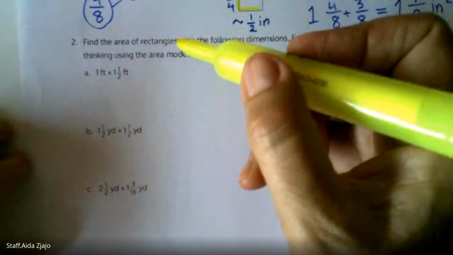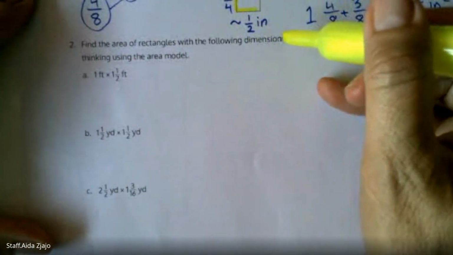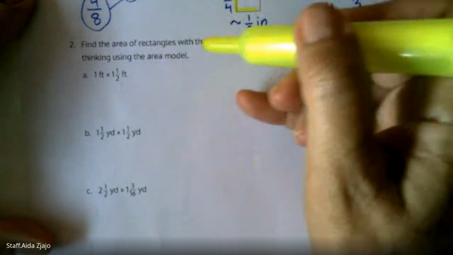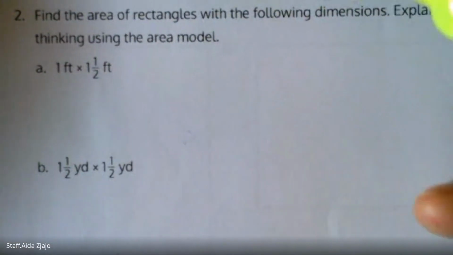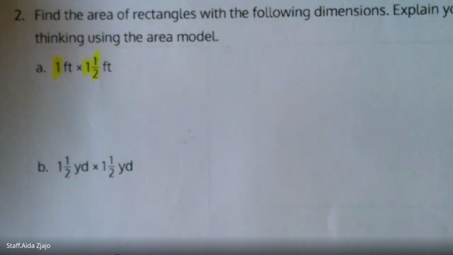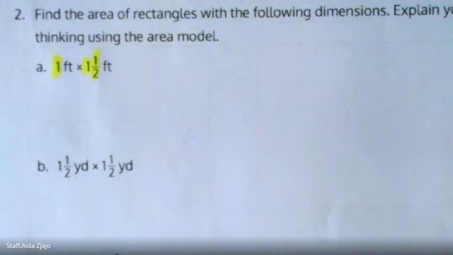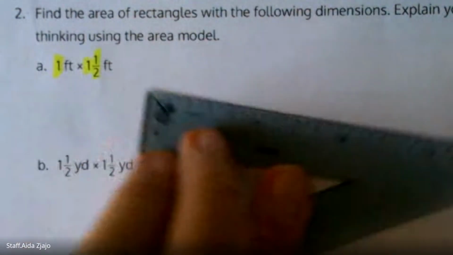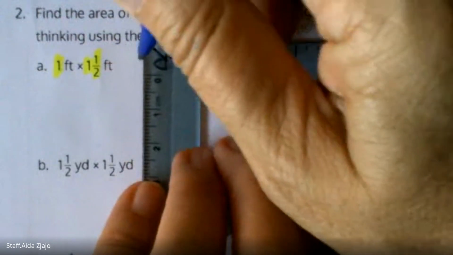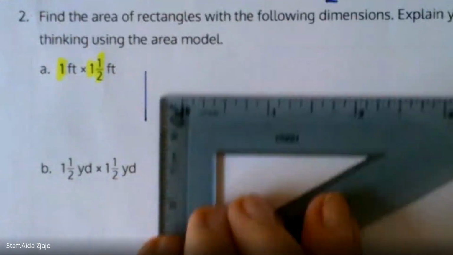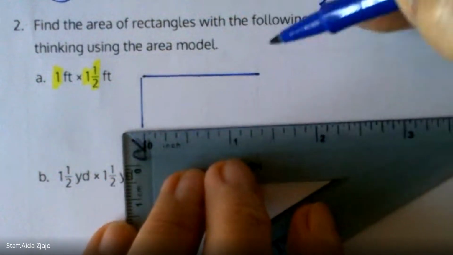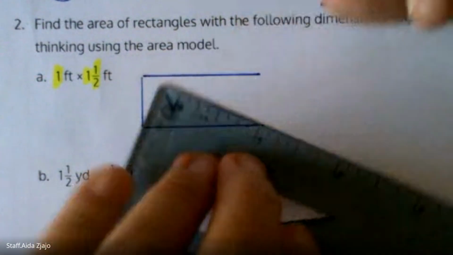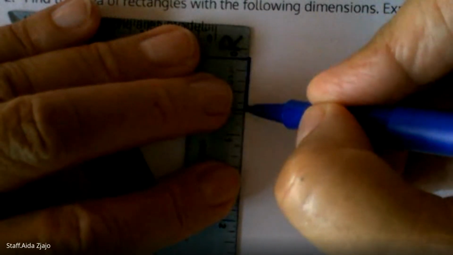Find the area of rectangles with the following dimensions. Explain your thinking using the area model. Okay, so that is 1 whole foot by 1.5. If I pretend that this is 1 and this is 1.5, okay, here we go.